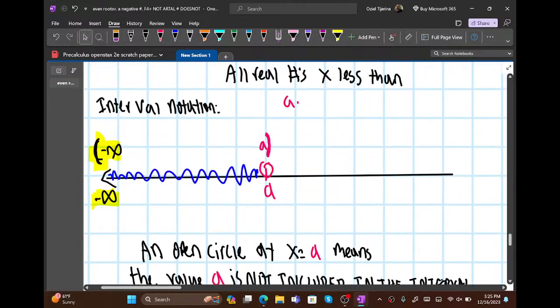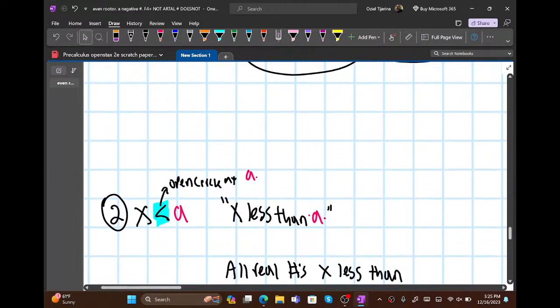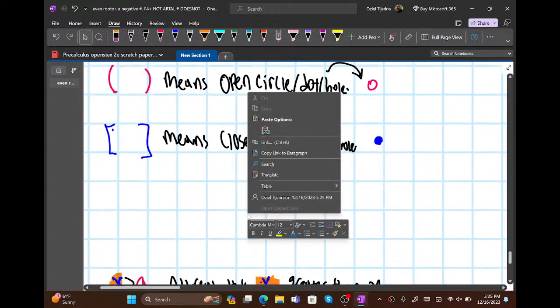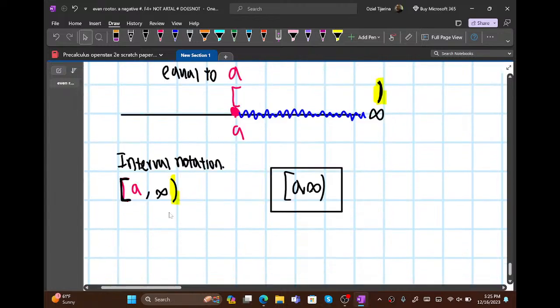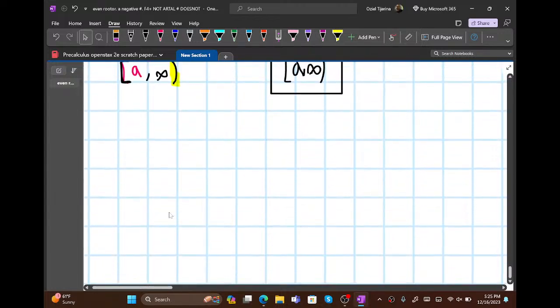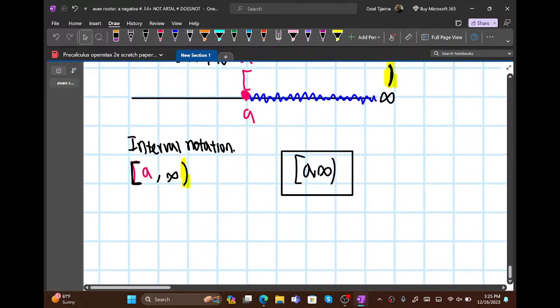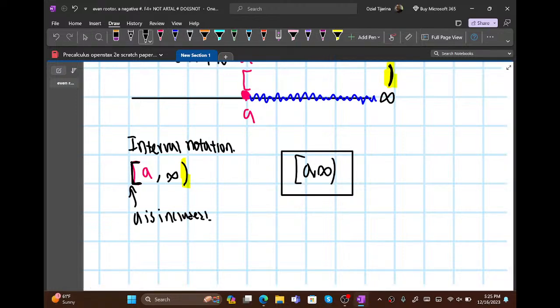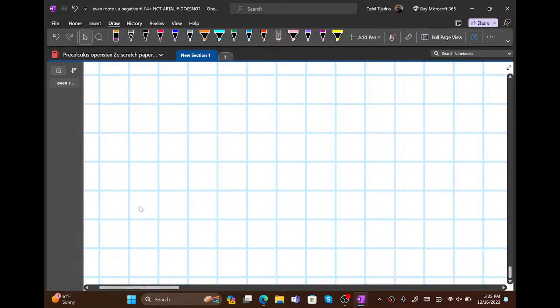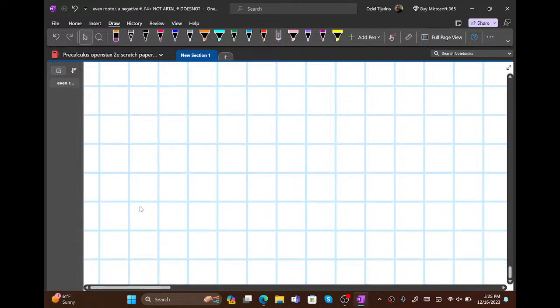So now we're going to do from negative infinity to a, where a is included. I want to make sure we understand a is included in the interval. Anytime you see a bracket, it means we are including that number or value in the interval.